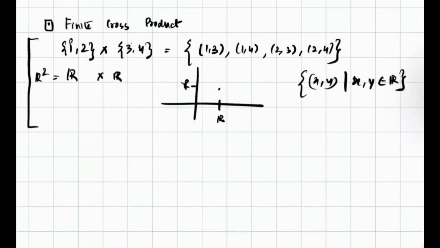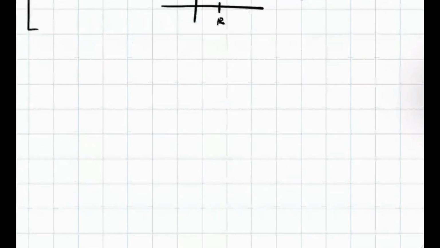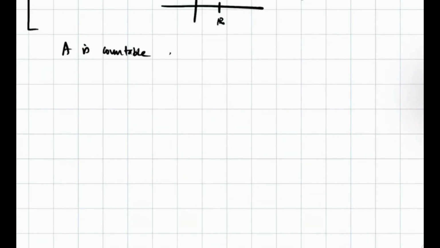So after getting the finite cross product of two sets, we will say that if A is countable and B is countable, that implies that A cross B is countable.